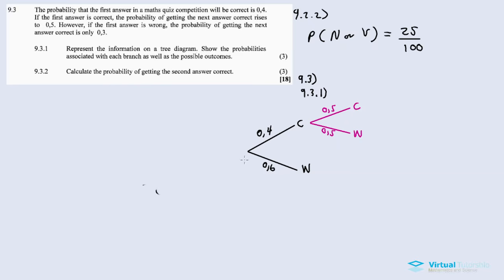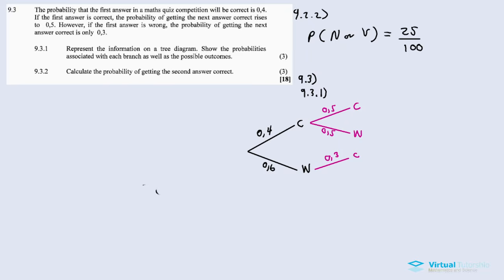So what happens if I get the first answer wrong, right? If I get the first answer wrong, for me to get the next one correct, my probability drops to 0.3. So the probability of getting a correct answer, if I got the first one wrong, is 0.3.